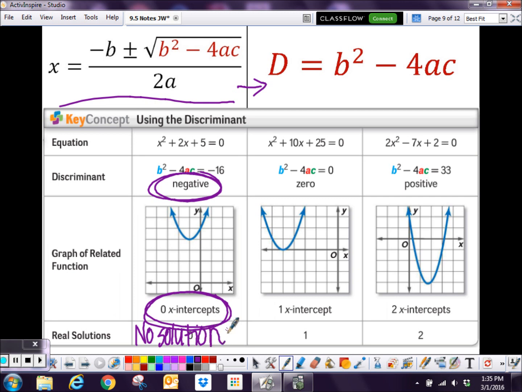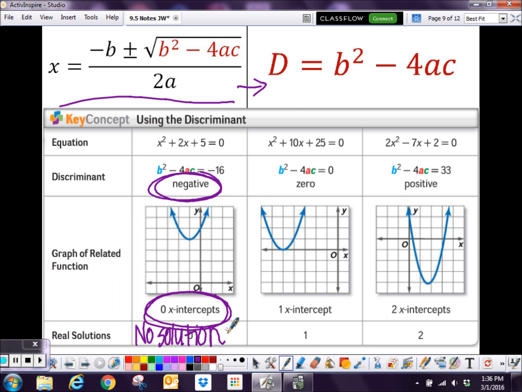No solution, if your discriminant is negative, because here's the deal. If that is negative, you cannot take the square root of a negative number, which means it's no solution. So if you get an error in your calculator, you either need to check to see if you plugged a number in wrong, or check to see if it does in fact end up being negative underneath. If it is negative underneath, that means it's no solution.